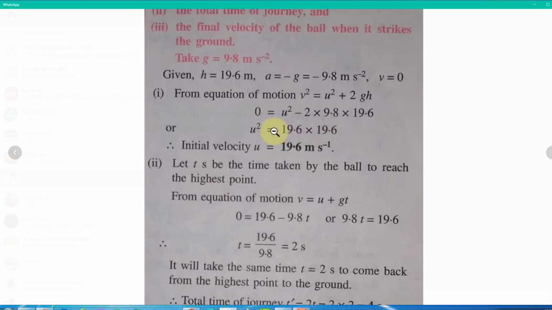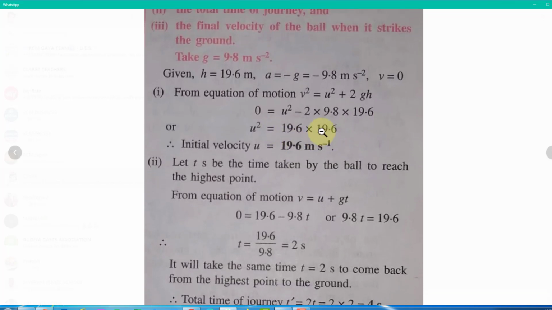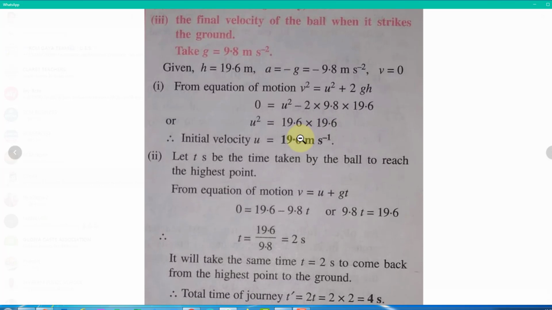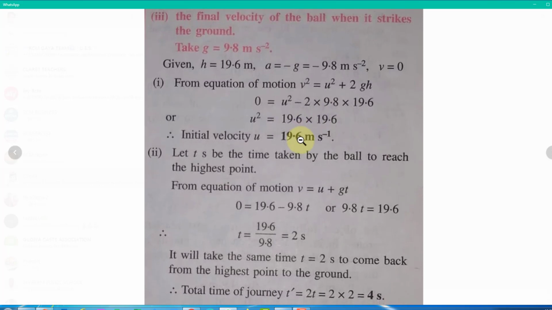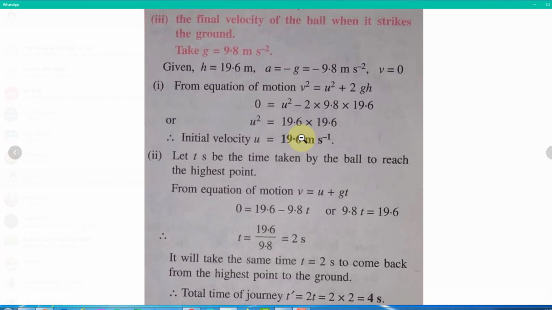So when we solve, we will get u square equal to this much. So u, the initial velocity, is 19.6 meter per second. It means with what velocity you throw the ball upwards: 19.6 meter per second.